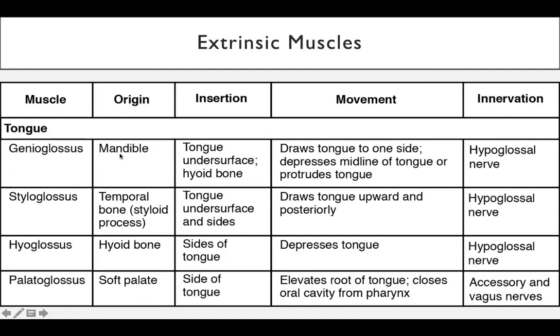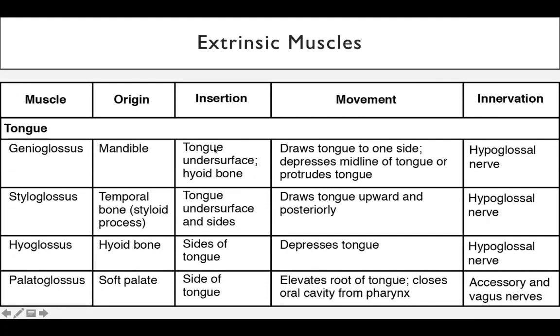So it takes origin from the mandible, and styloglossus takes from the styloid process. The name suggests styloid process, and hyo also suggests hyoid bone. Palatoglossus, the palate, is the soft palate, so it takes the origin here. These two, genio and stylo, are inserted to the underneath of the tongue, and hyo and palato to the sides of the tongue.